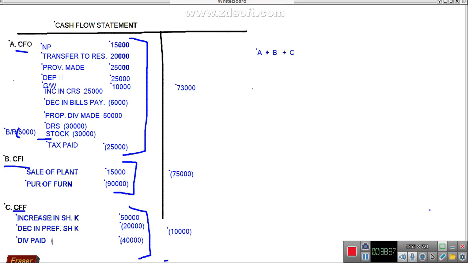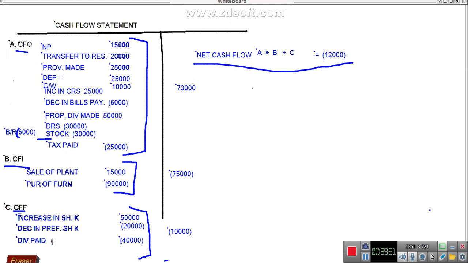Once you add this 73,000, then 75,000 in negative, 10,000 in negative, you will get net amount of 12,000 in negative. 73,000 is the positive figure, these 75,000 and 10,000 are the negative figures. So when you add all these things, net cash flow is a negative balance of 12,000.